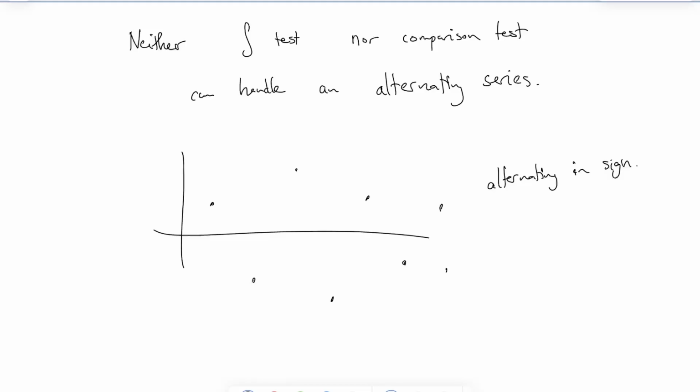This is a series, I'm drawing a sequence which is alternating in sign, and none of our tests can apply to that. That's why we have a special test to use in this case, and this is called the alternating series test.